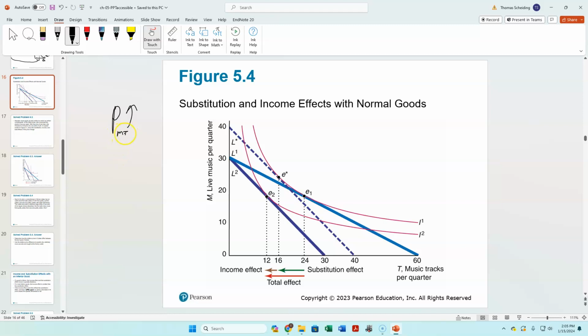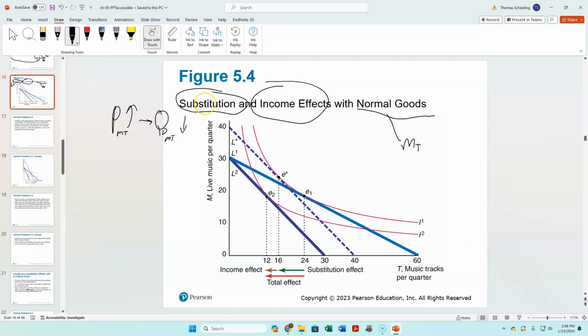Music tracks. Let's just call it MT. So as music tracks go up, again, what we know from the theory is that the quantity demanded of music tracks should be going down. Again, what this graph is going to show is the substitution and income effects at work, presuming that music tracks are a normal good.